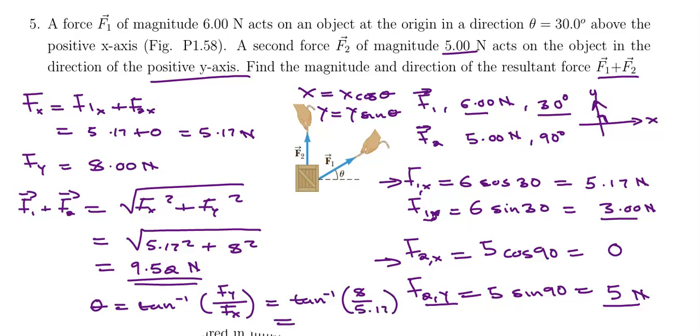So our direction now would be tan inverse of 8 divided by 5.17. So the direction is 57 degrees, because since all our components are positive, we maintain the angle, because it is in the first quadrant. So this is the direction and this is the magnitude of this kind of question we were asked.